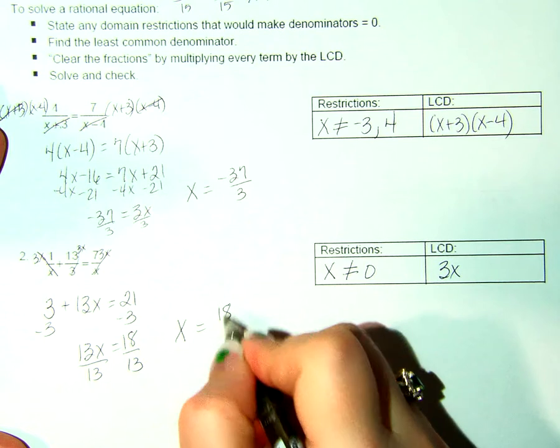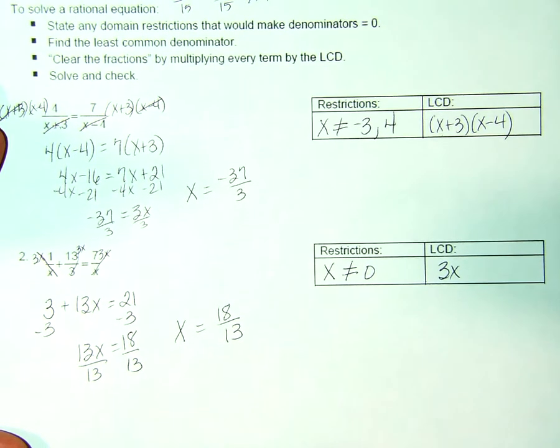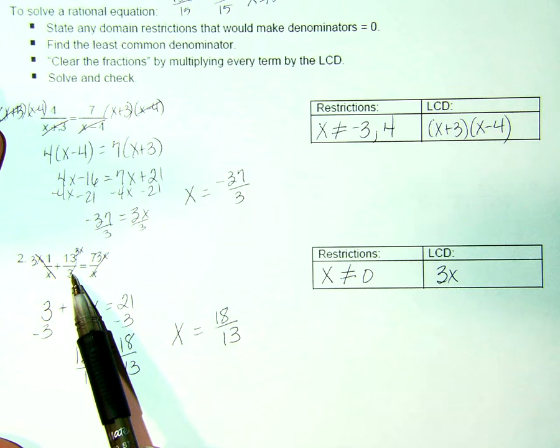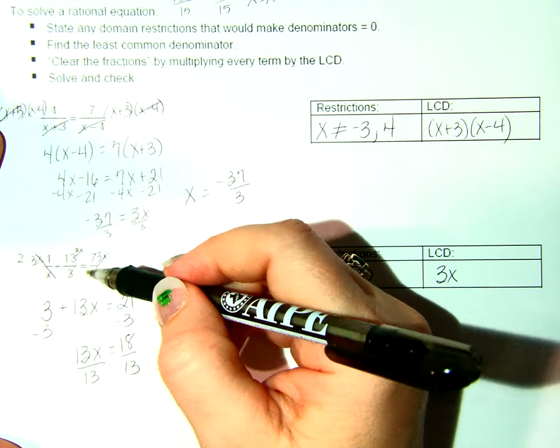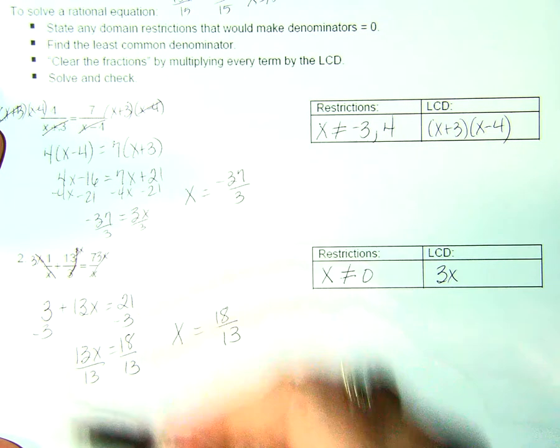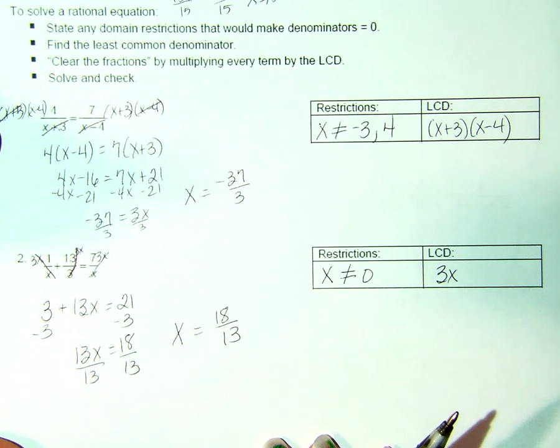Say it again. What did I do? Right here? Nope, the 3's cancel. One's in the numerator, one's in the denominator. You got it?